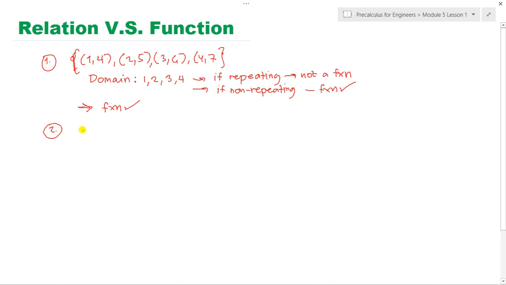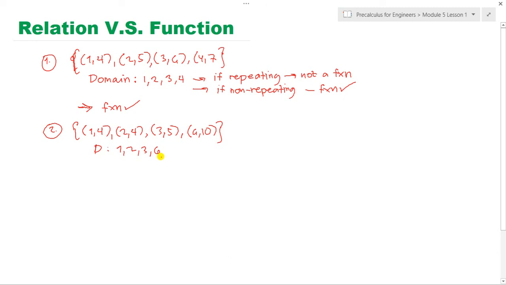Let's go to our second example. Let's say you have an ordered list 1 and 4, 2 and 4, the next one is 3 and 5, next one is 6 and 10. Again, we write the values of our domain. So we have 1, 2, 3, and 6.